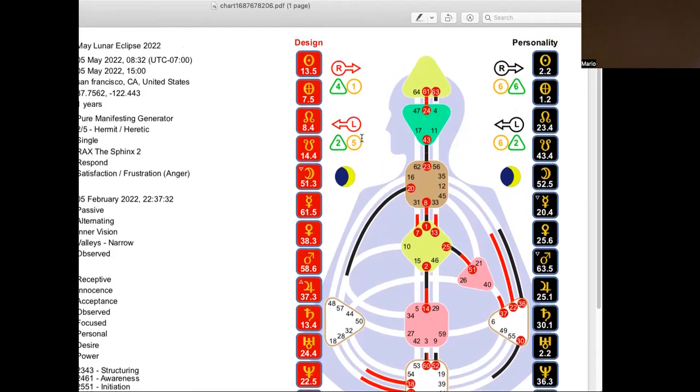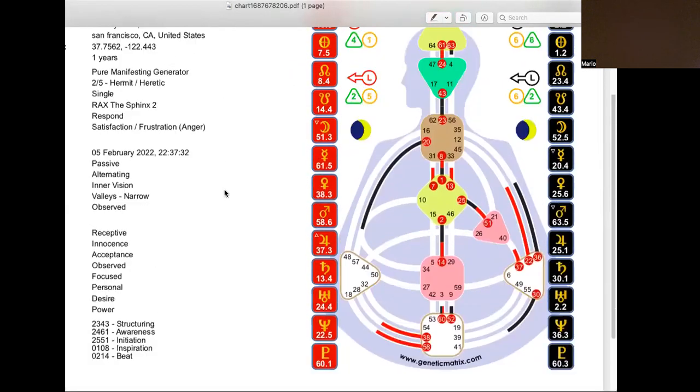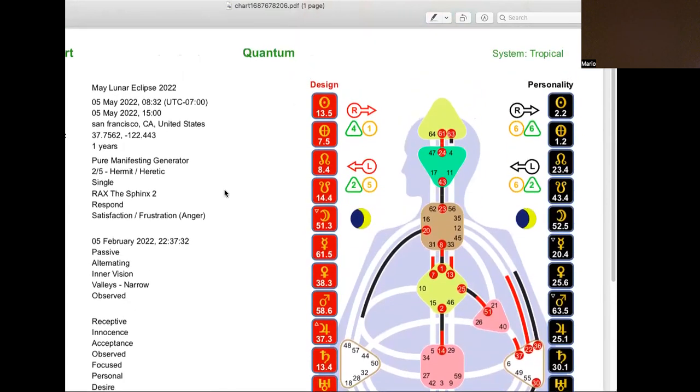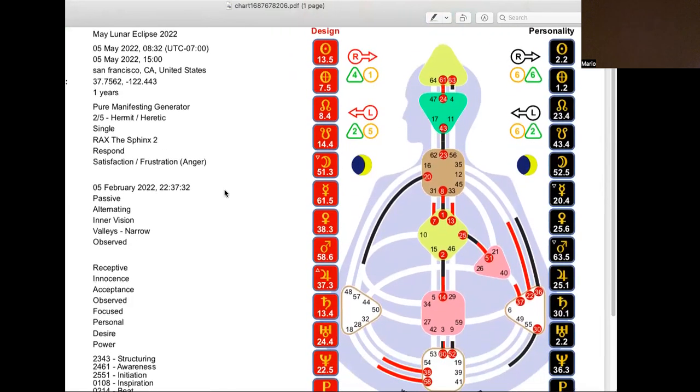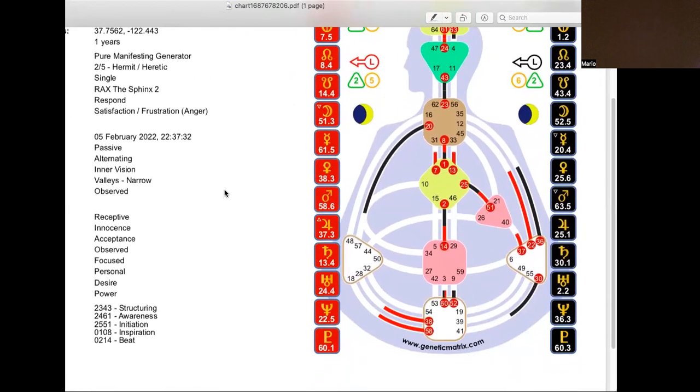These little right and left directions, these 1, 2, 3, 4, are called variables. And they relate over here when you look at your Genetic Matrix design. It's actually not on this one, is it? It's partly on this one.